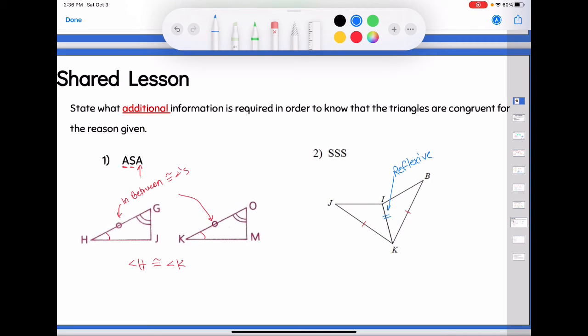We can always say that a side is congruent to itself. So that technically was given to us by looking at the picture. So with the reflexive property, I know that KI is congruent to itself. So now I actually have two pairs of sides. So the only pair of sides that I still need are JI congruent to IB.